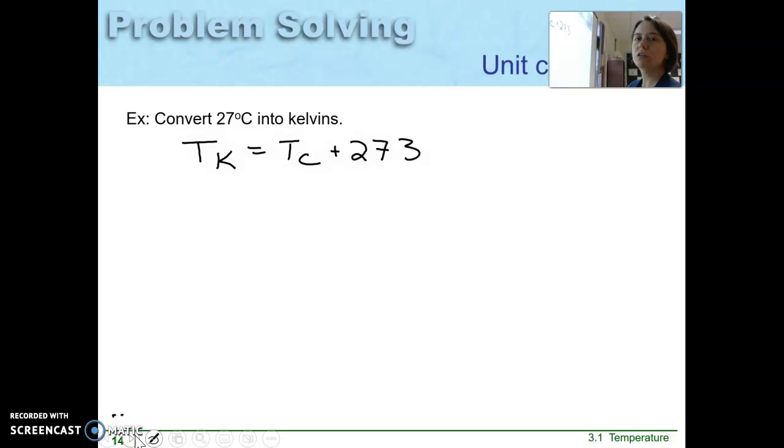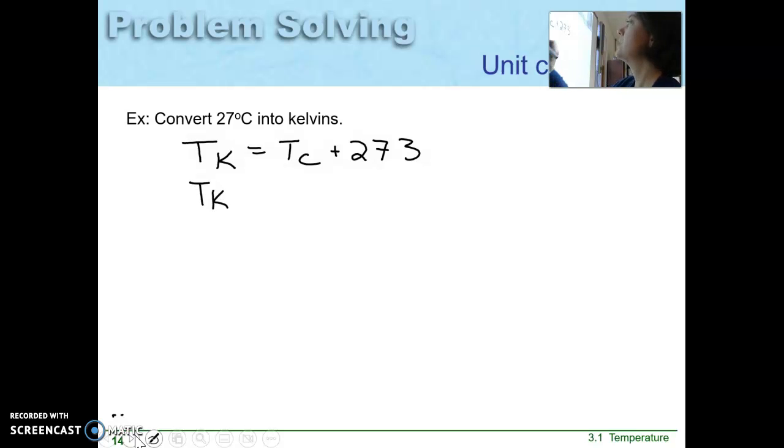Okay, so we're going to go through a problem. Please write this down. Example: convert 27 degrees Celsius into kelvins. Then please write down the equation: T of K equals T of C plus 273. Then we're going to sub in our numbers. You may be able to do this in your head, but please go through and write down all the steps.